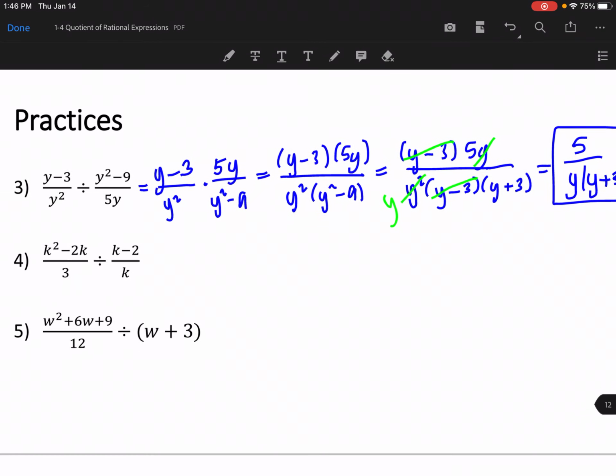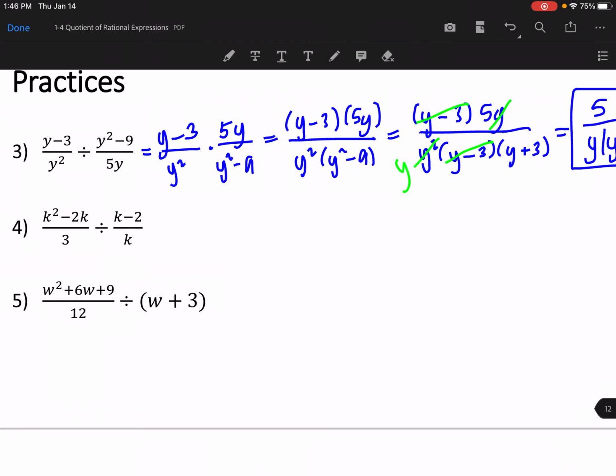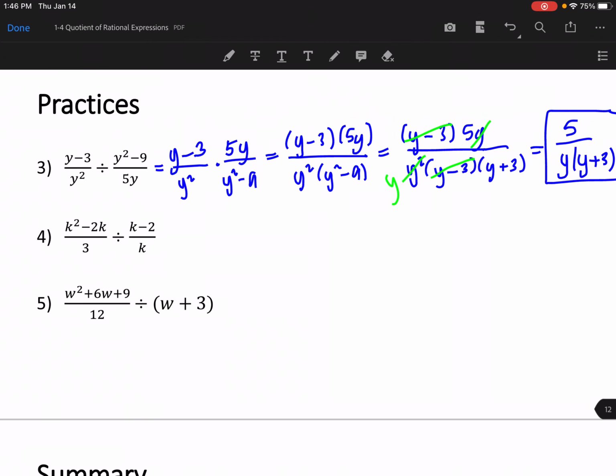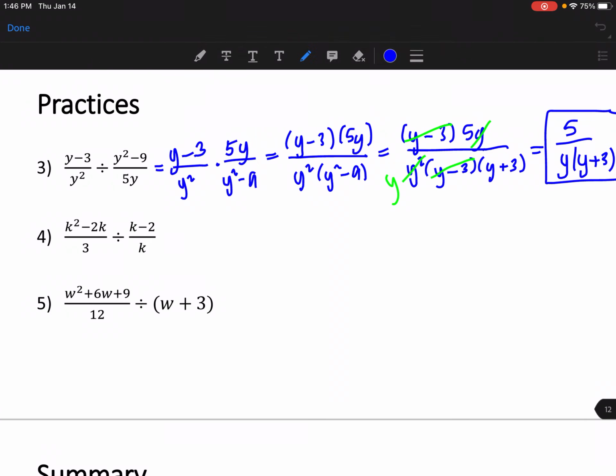Alright, next one. I have k squared minus 2k over 3 divided by k minus 2 all over k. So we are going to keep k squared minus 2k all over 3, change my division to multiplication and flip my k minus 2.